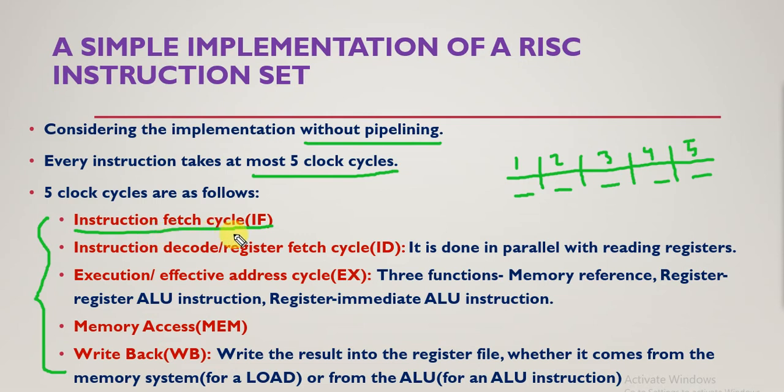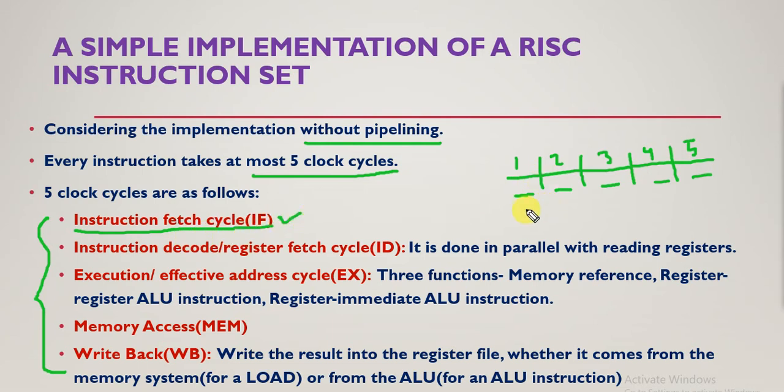Instruction fetch means reading the instruction from memory. Some instruction is submitted to the system, and in order to execute it, the system will read that instruction from memory. Reading the instruction is called instruction fetch.